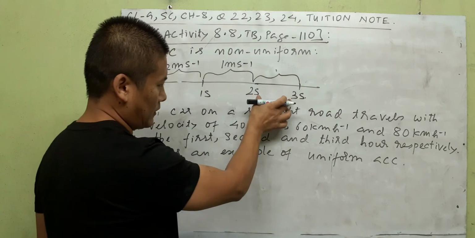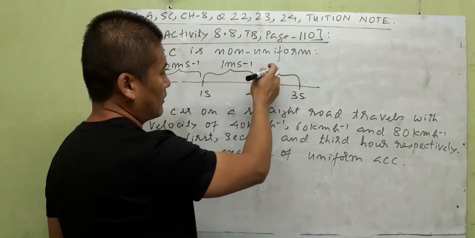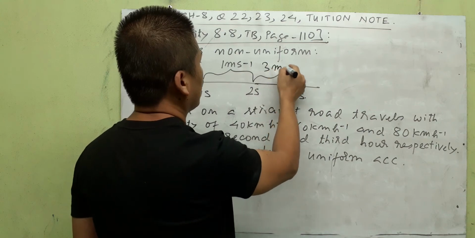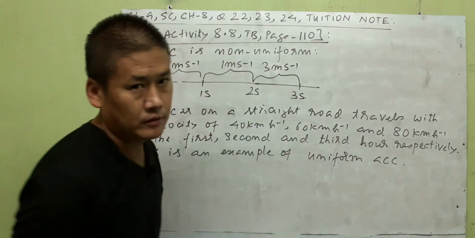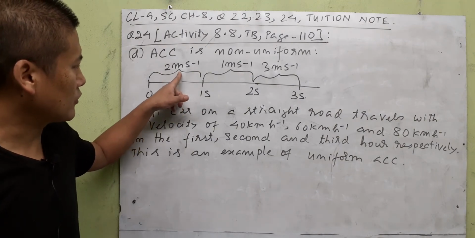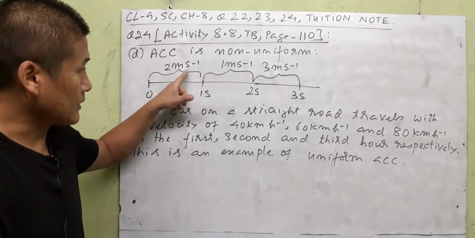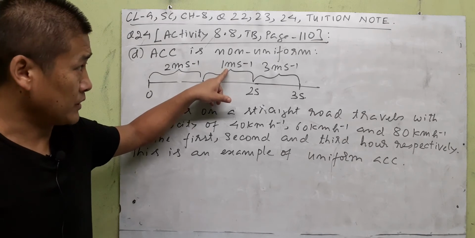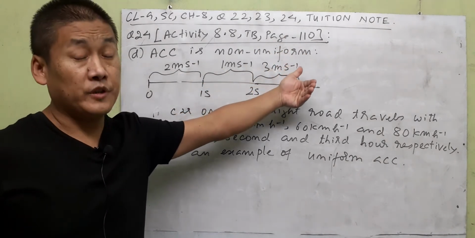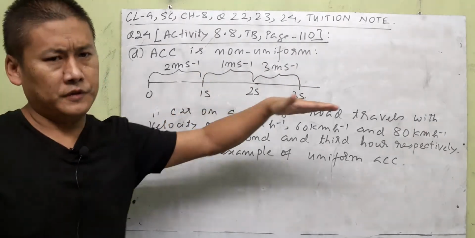After 2 seconds, it is traveling with a higher speed because the street is less crowded. So in the first second velocity was 2 meters per second. In the next second it decreased to 1 meter per second. In the next second it increased to 3 meters per second because of the nature of the street.